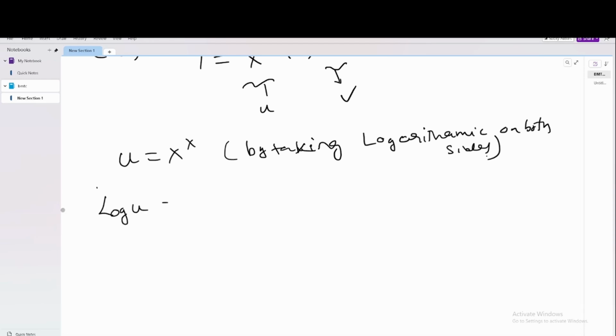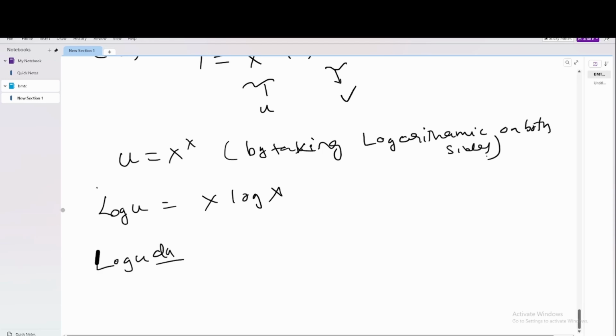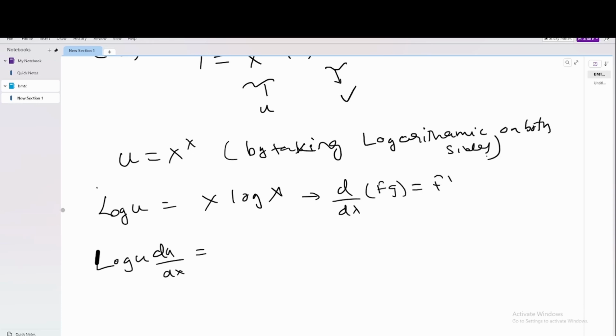Log u is equal to x into log x. Now differentiating with respect to x on both sides, here we can use the product rule. d by dx of f g is equal to f prime g plus f into g prime.